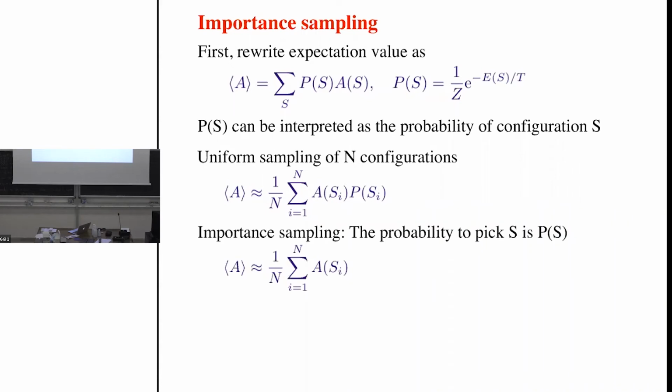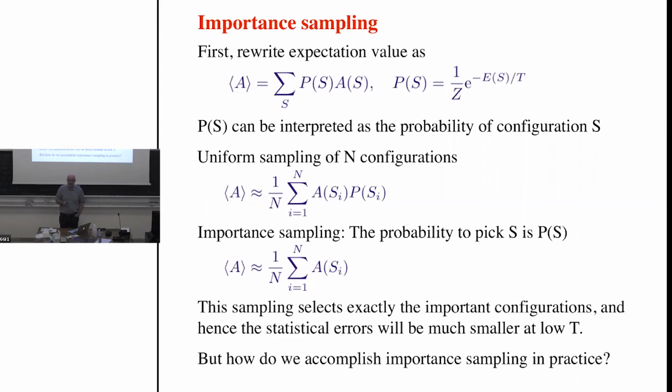So in importance sampling, we already take the probability into account at the stage of sampling the configurations. So we have already weighted them at that stage. And then our expectation value is just the mean of this function evaluated in those configurations that we picked. So I hope that's clear. I still haven't told you how to do that.